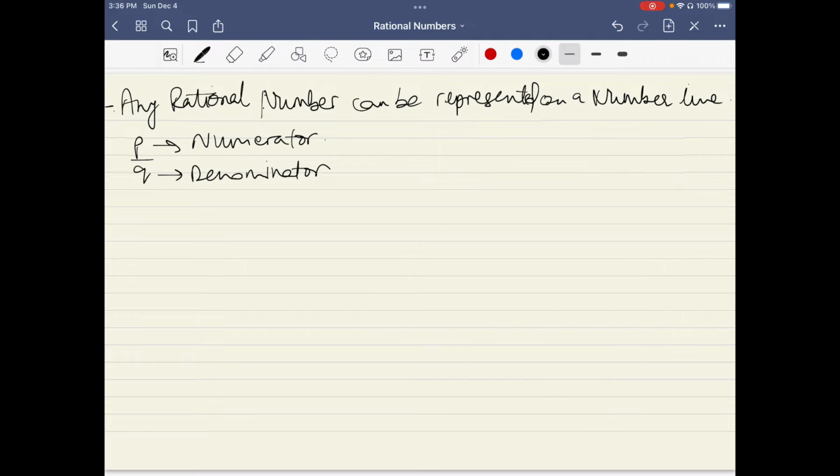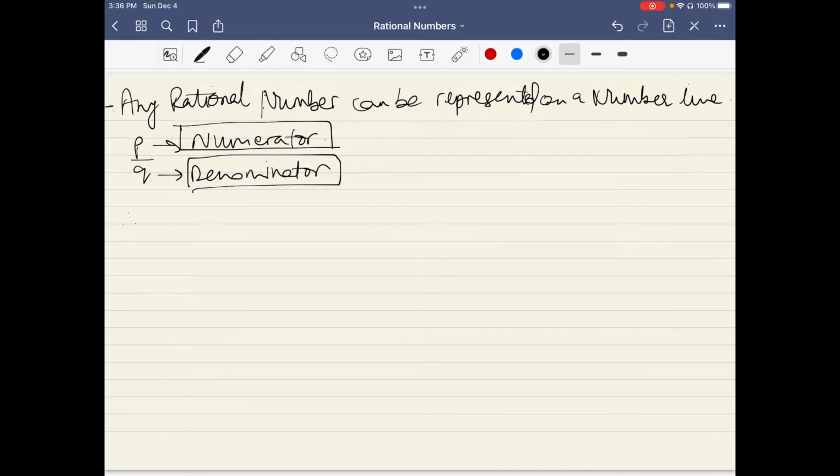What does a denominator tell us? It tells us the number of equal parts into which the first unit has been divided. And what does the numerator tell us? The numerator tells us how many of these parts are considered.